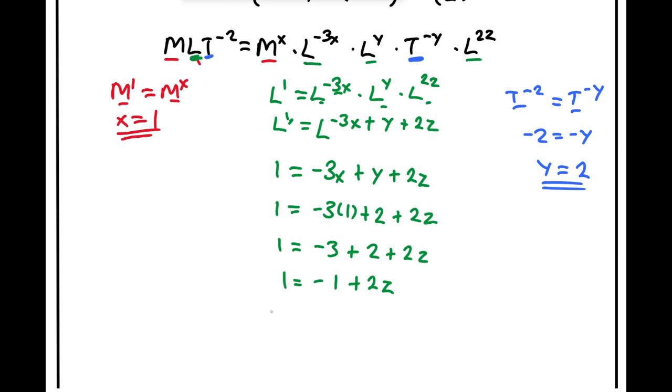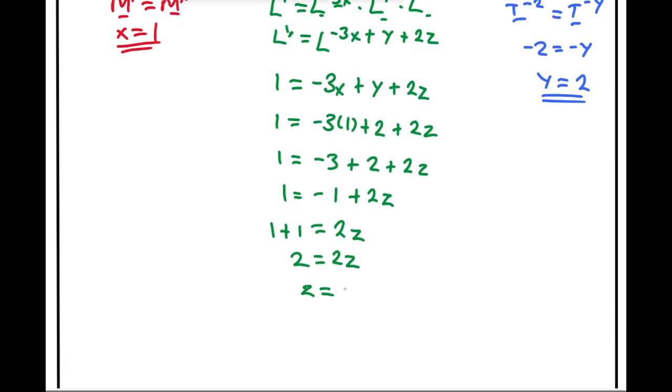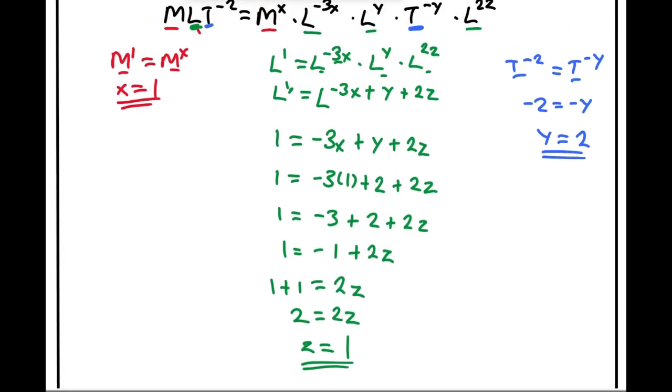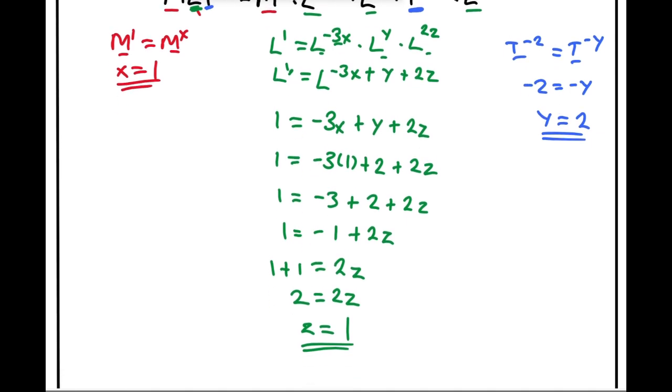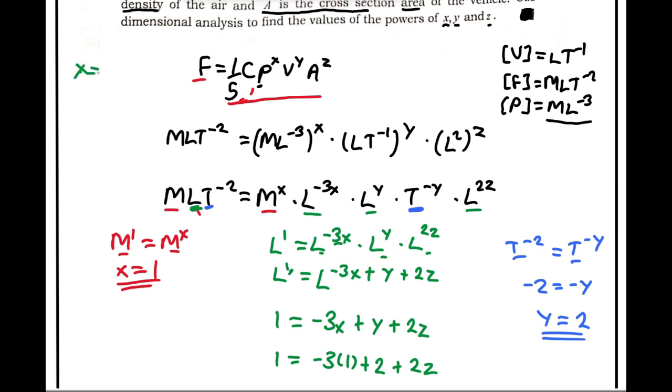If this 1 goes this side, we have 1 plus 1 is equal to 2z. So 2 is equal to 2z. Therefore, the value of z is equal to 1. And there we have it. We have our values of x, y, and z. x is equal to 1, y is equal to 2, and z is equal to 1. Let me write them on top here.